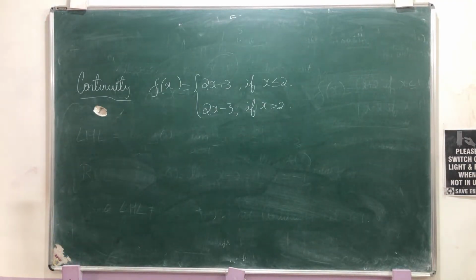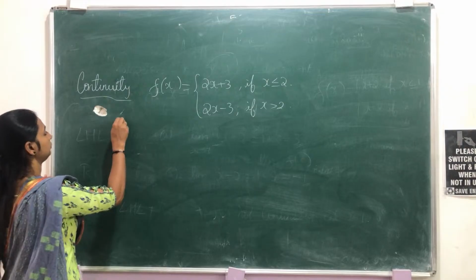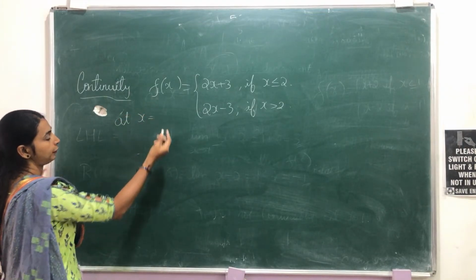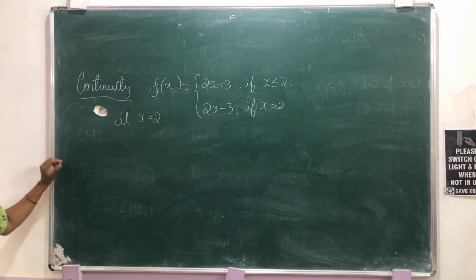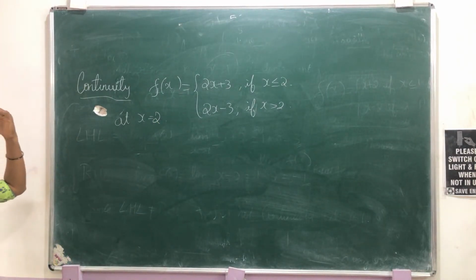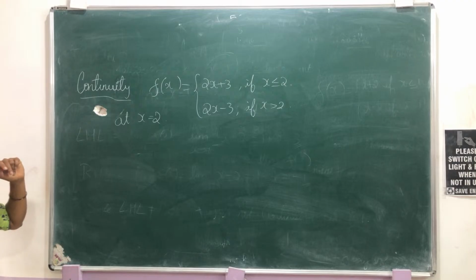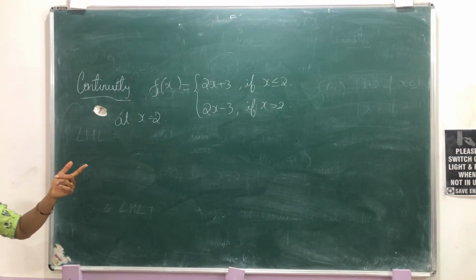Here what is the given point? At x equal to which point they have given? 2. What is the left hand limit? Left side of 2, less than 2. What is right hand limit? Greater than 2, right side of 2.